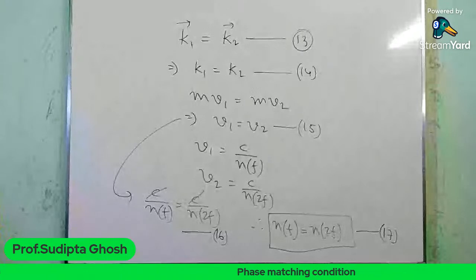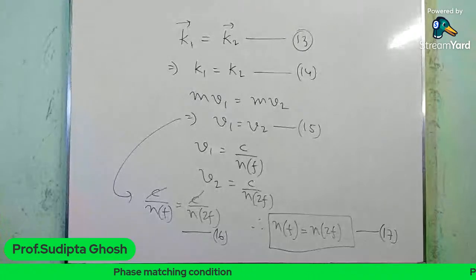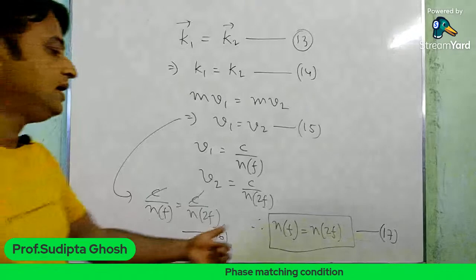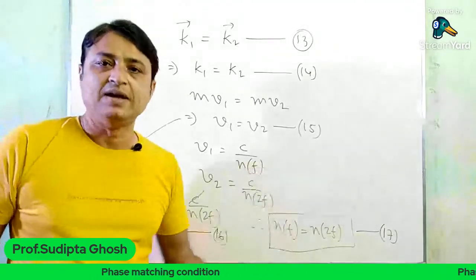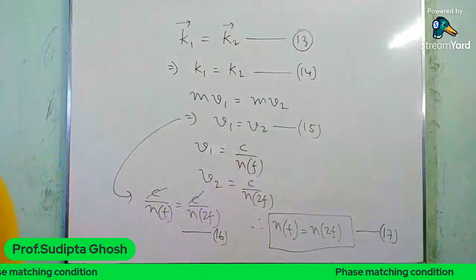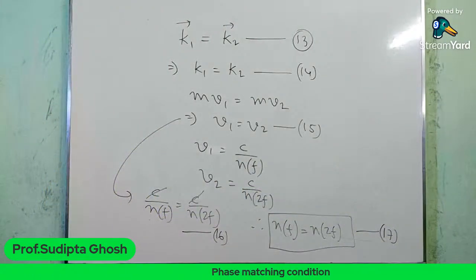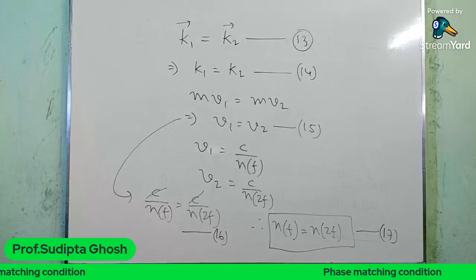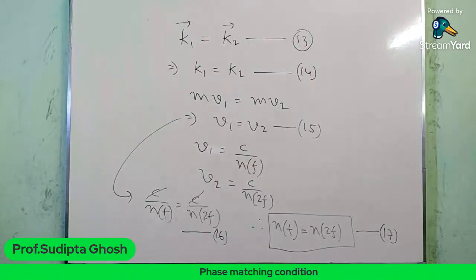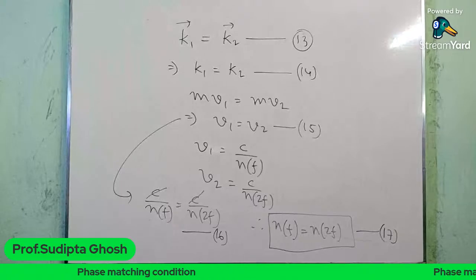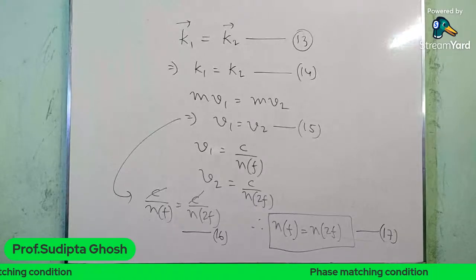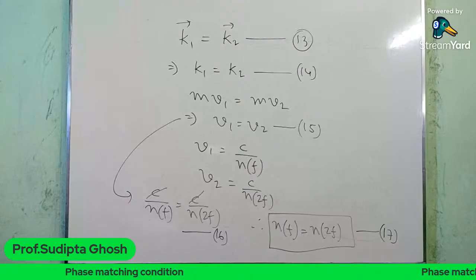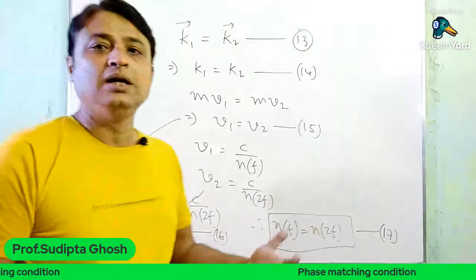The significance of the phase matching condition is that the refractive index of the input light wave, n(f), is equal to the refractive index of the second harmonic wave. So if the refractive indices of the incident wave and the second harmonic wave are equal, then the phase matching condition is satisfied, and we have the second harmonic wave inside the non-linear material.